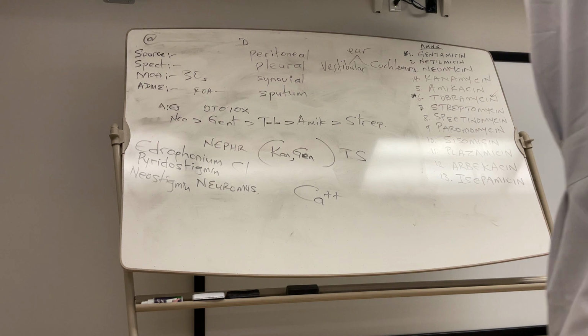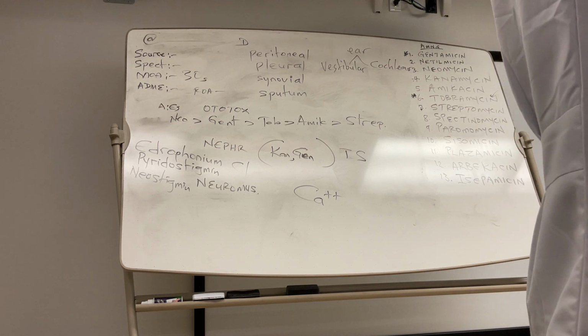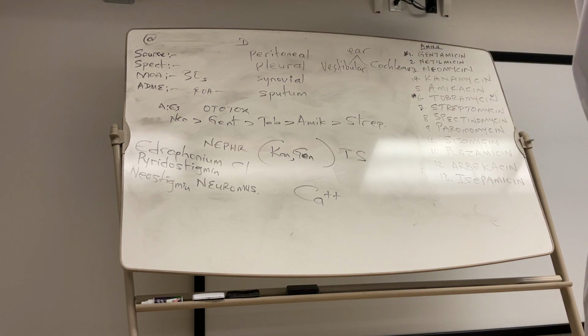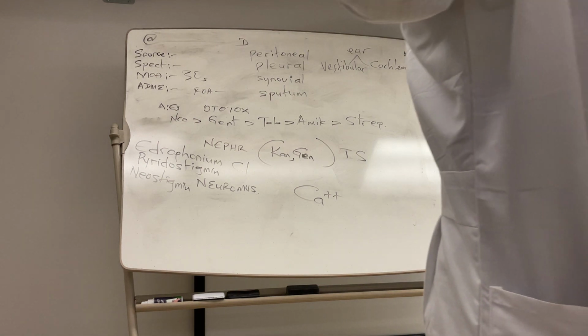You won't get much of that, of course, if you give it orally. Remember, it doesn't get absorbed into the system. How long do you use it to get the ototoxicity?